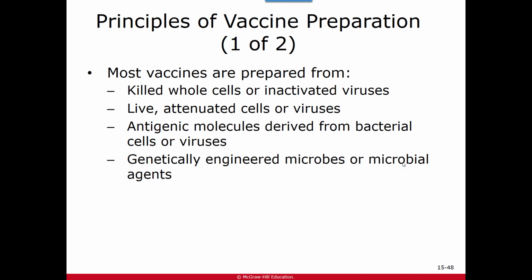A lot of times we shoot them with some radiation, but they're still alive, but they can't cause disease anymore. Some of them are made using different kinds of molecules, so different antigens, some of the epitopes that come from the bacteria or the virus, but not the whole bacteria or the virus. And some of them are made from genetically engineered microbes or microbial agents.